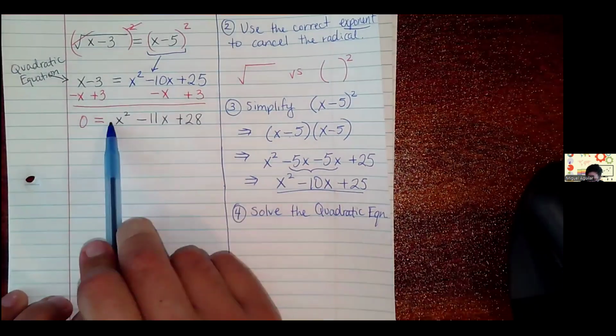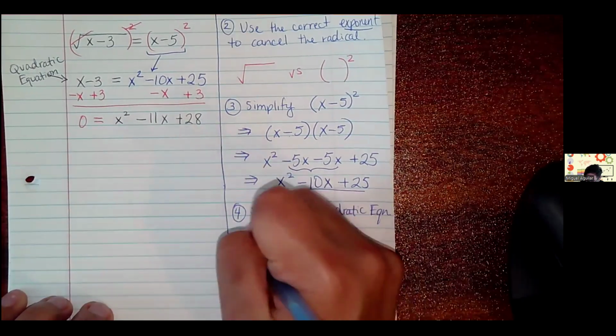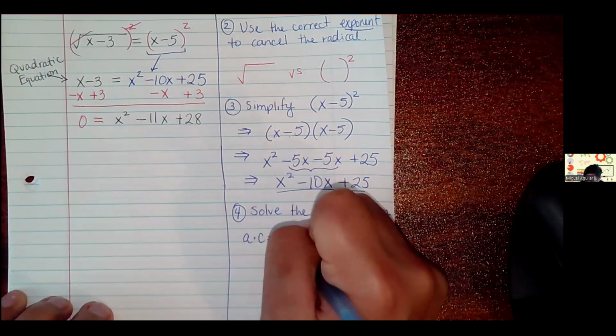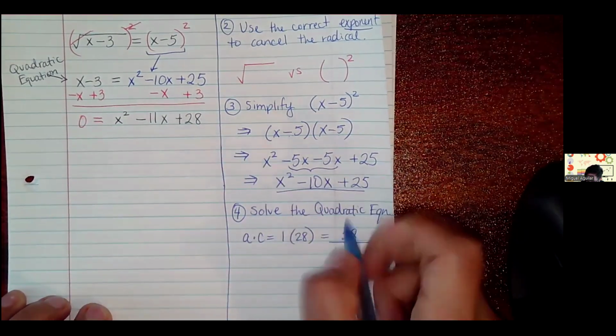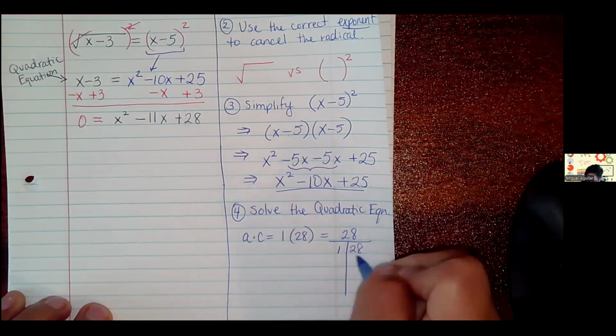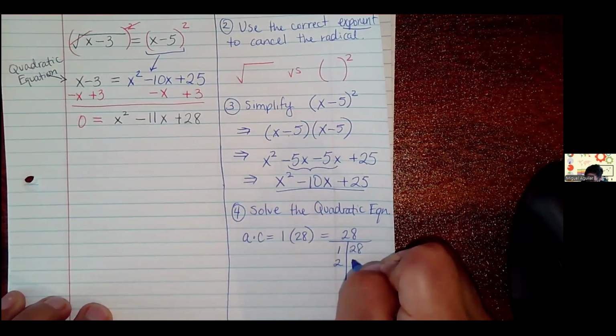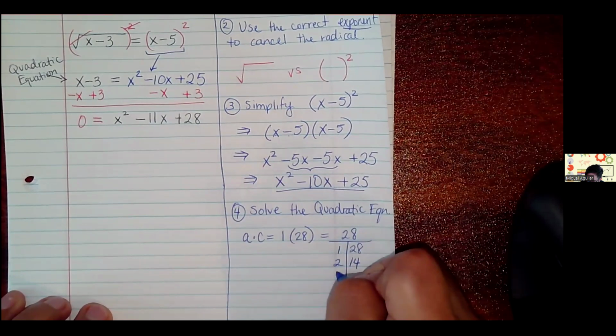We know A is equal to 1 and C is equal to 28. So A times C is going to be 1 times 28, which is just 28. I'll drop right into my factor T chart. 1 times 28. 2 times 14, I think is going to work. And then I think 3 does not work, but then we'll have a 4 times a 7.